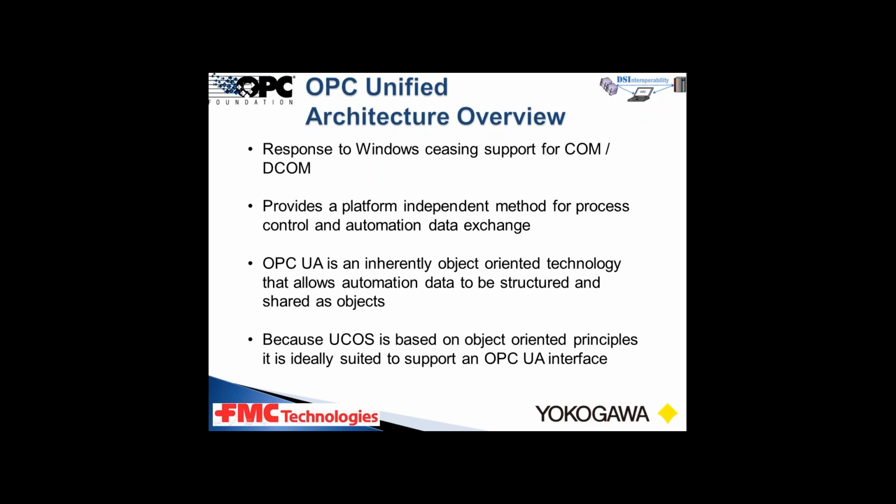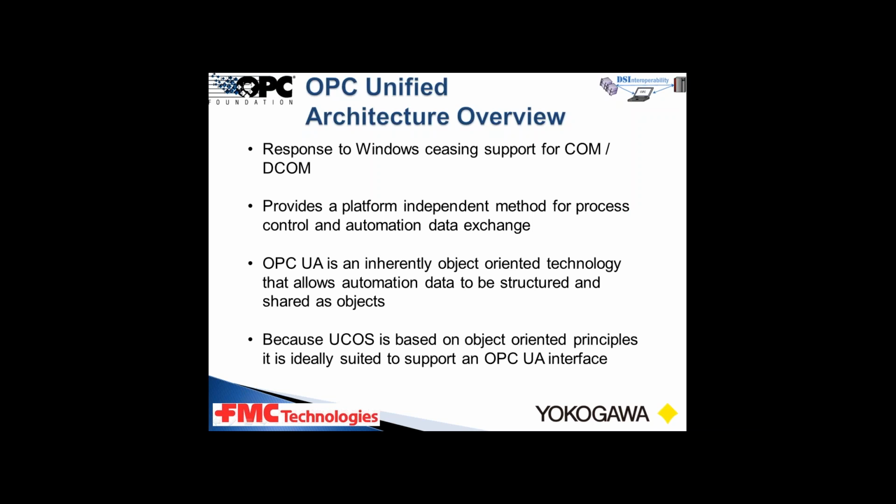So here's a little bit about our thinking behind going to OPC UA and what we hope to achieve. Obviously, there's the lack of future support for COM and DCOM. And another thing that was very attractive was the platform-independent support for UA. We run on a number of different operating systems and have that requirement.